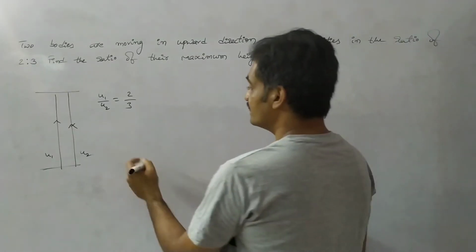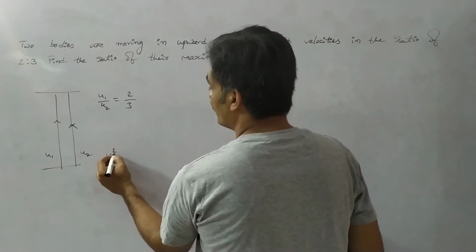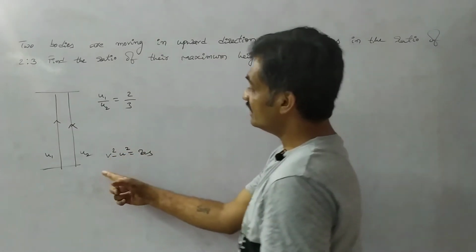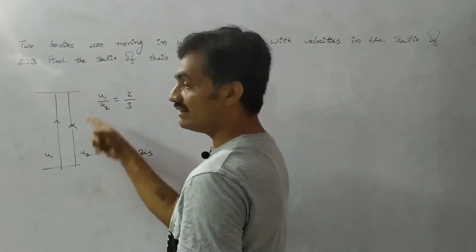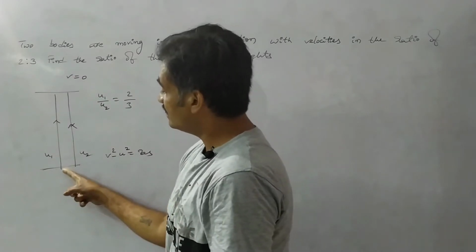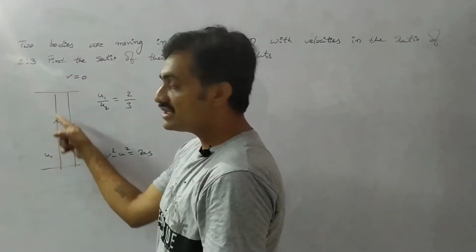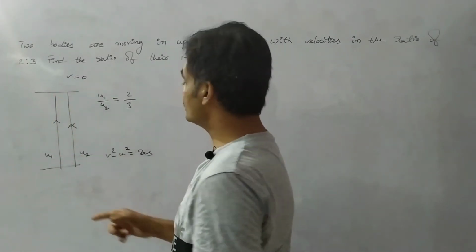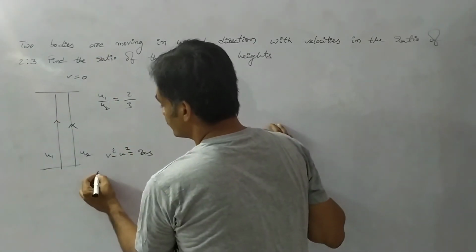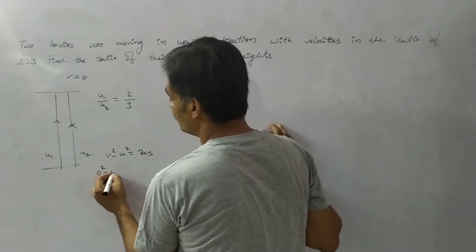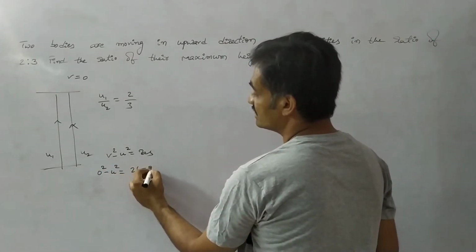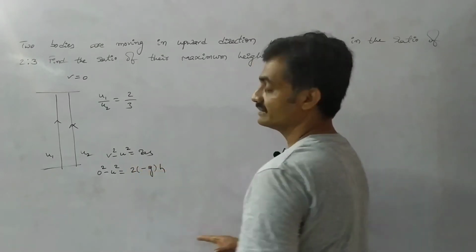Here let us consider the equation v square minus u square equals 2as. Observe that since the body is projected in the upward direction, its final velocity is 0. And as we know, acceleration due to gravity is minus g, because the body is traveling upward. Substituting, we have 0 square minus u square equals 2 into minus g into h.